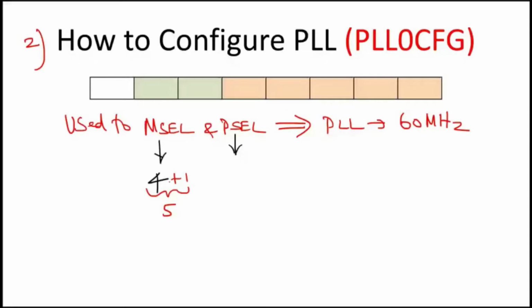So the processor always adds 1 to whatever you put. So I load 4 so that the total value becomes 5. That is the concept here. So M select is 5, P select is 2. So these are the desired values for 60 MHz.